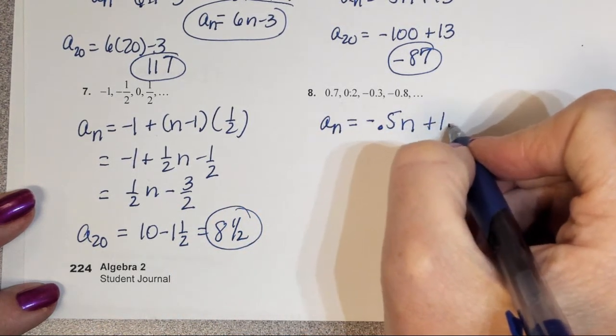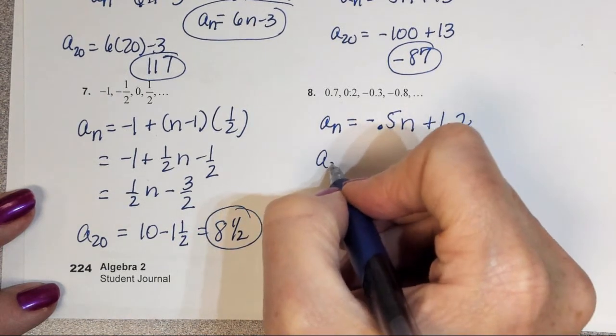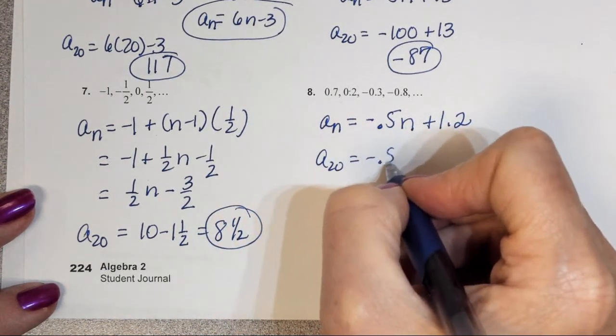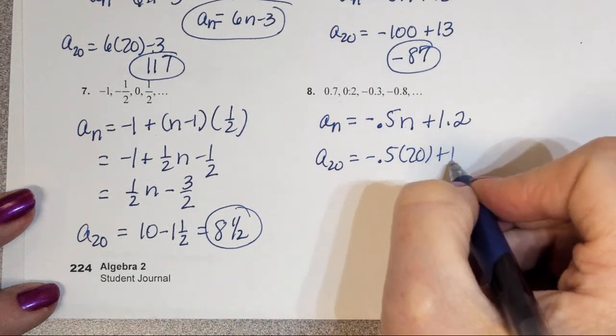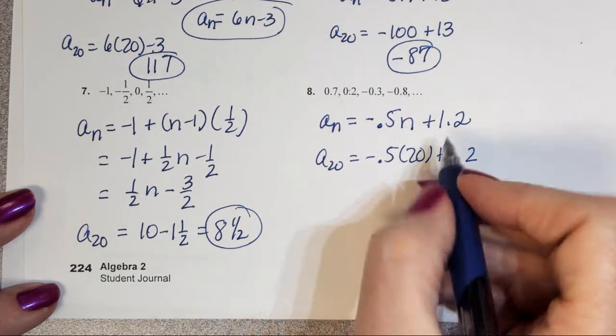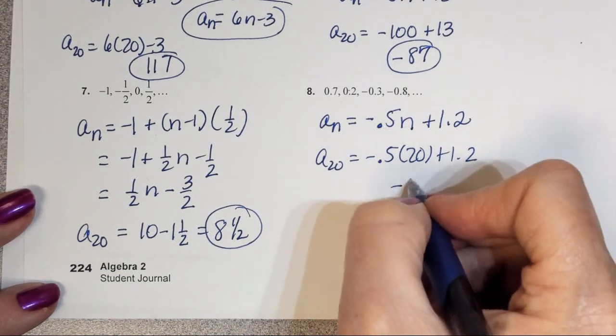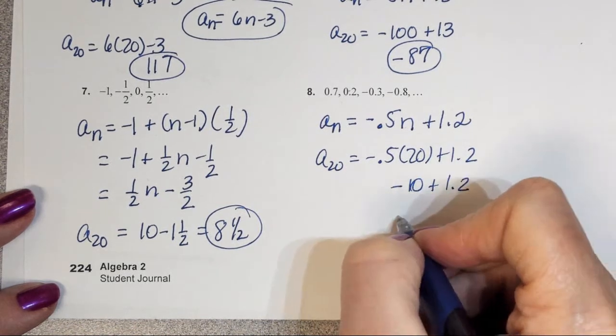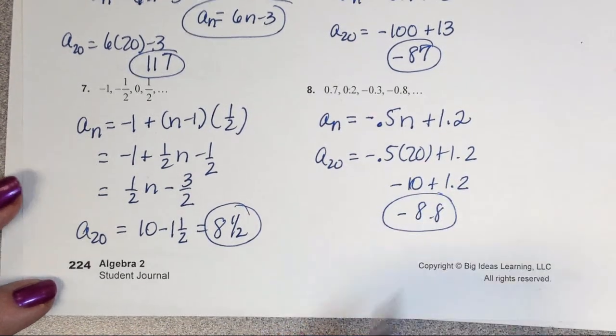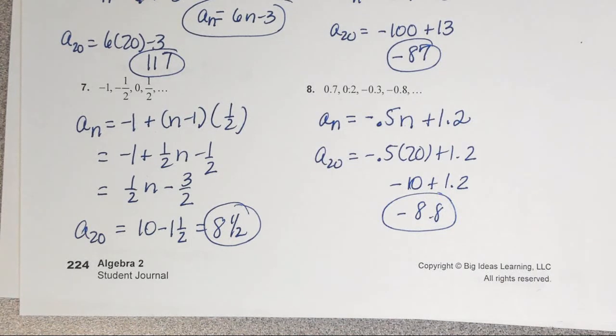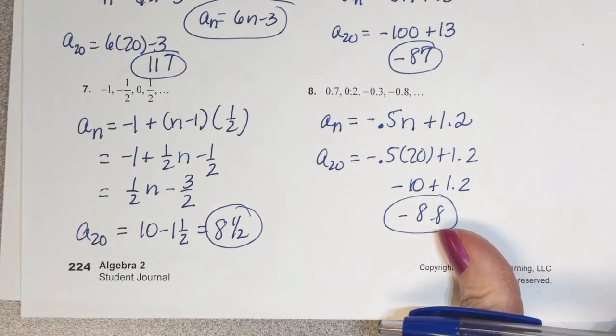Plus 1.2, good. So now a sub 20 is negative 0.5 times 20 plus 1.2. That's negative 10 plus 1.2, negative 8.8. Okay? So just understanding those two formulas.